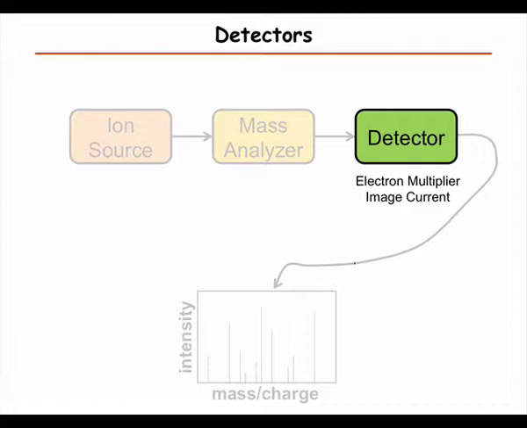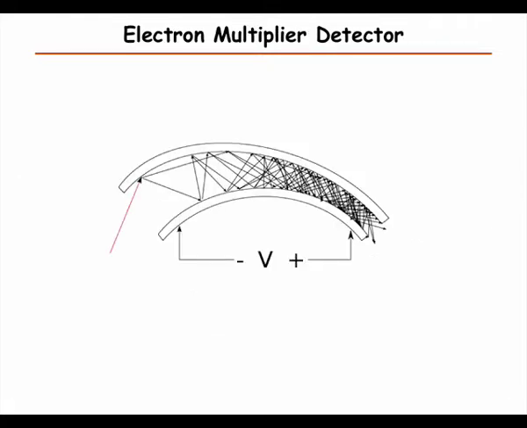Now we talk a little bit about detectors. The two types that we're going to talk about: one is an electron multiplier, the other one is an image current. So with an electron multiplier, you have your particle and it hits a surface that's made so that when your particle hits it, electrons will be ejected.